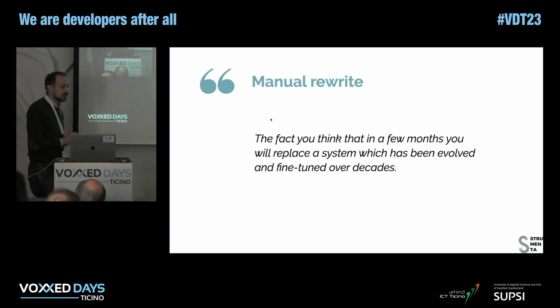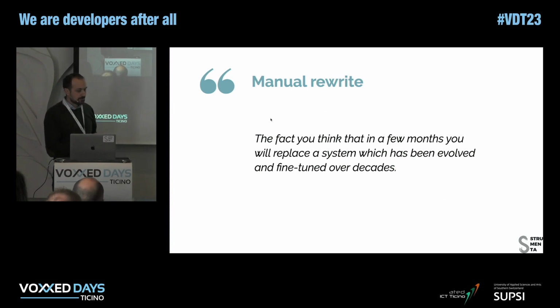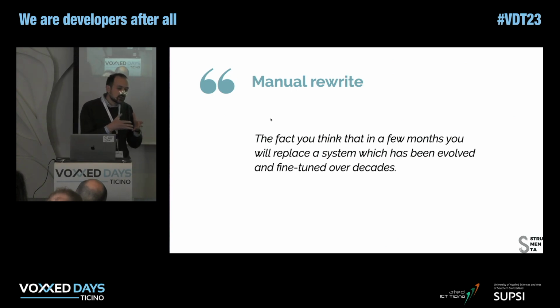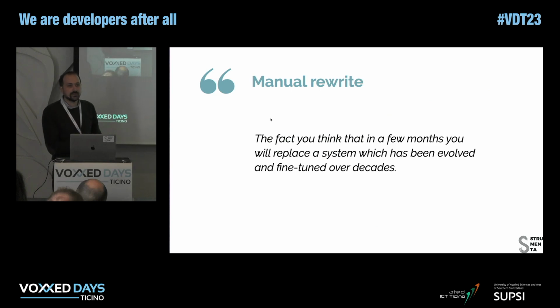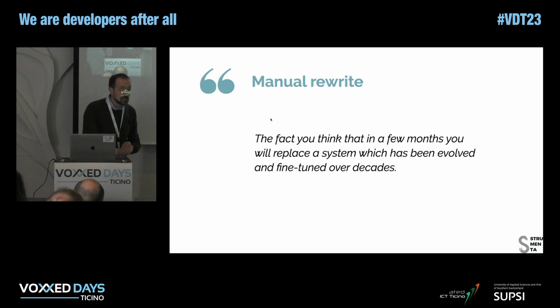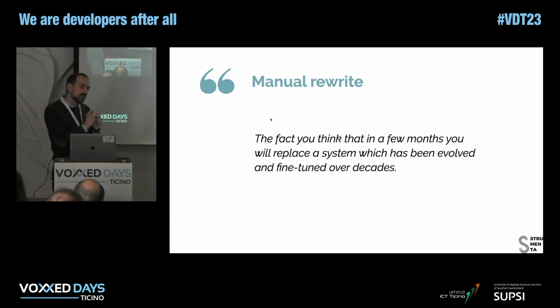The first one is that you want to replace a system, and probably you were not around when the original system was written, so you don't remember that maybe it took, at that time, way longer than they expected. It took maybe 5 years to create the original system, and they had to put 20 developers on it. And it's very easy to underestimate the amount of effort that was put in to evolve the system over the years.